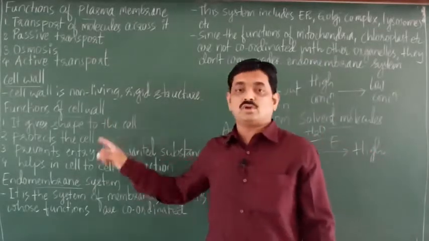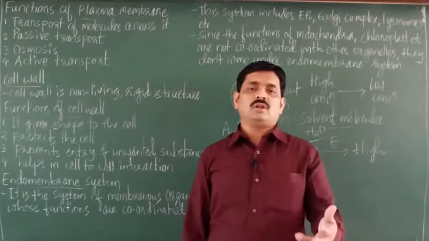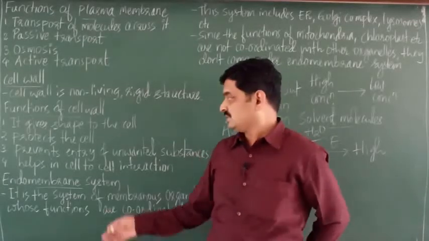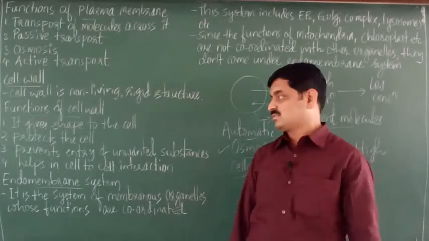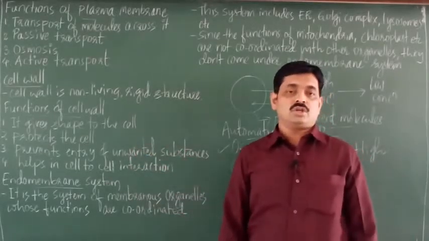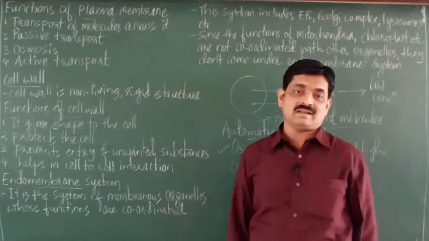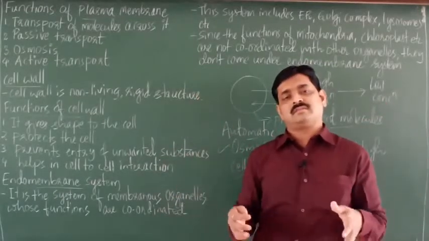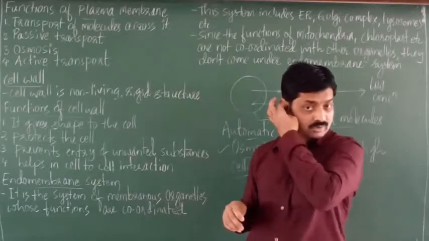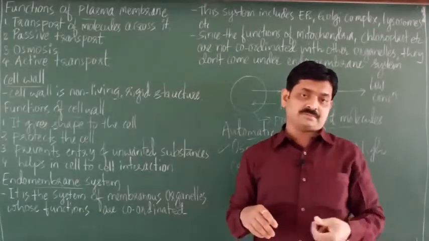Then the functions of cell wall. So cell wall performs these functions. One function is it gives shape to the plant cell. Right? So plant cells have a particular shape. See, cells are of different shapes.